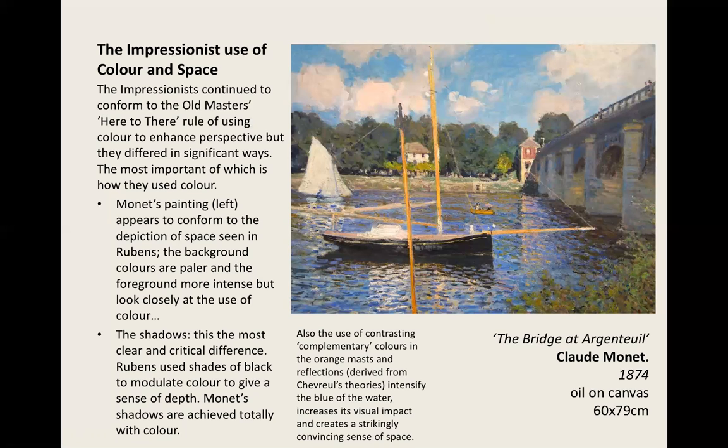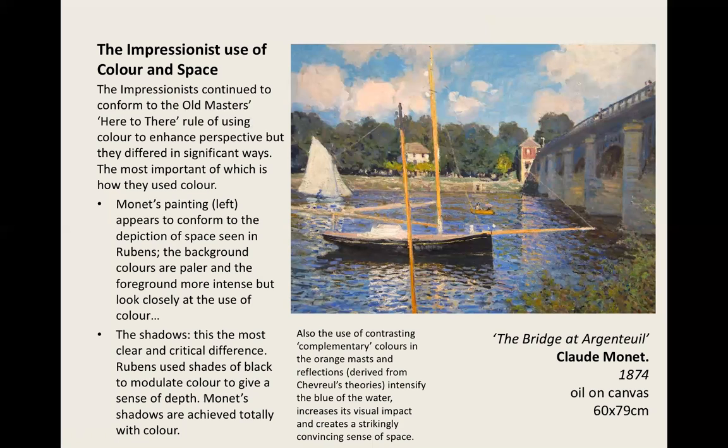The other thing to think about, and again this is where we link to Chevreul's theories, is to look at the mast and the water. Orange and blue are complementary colours. It was also noted by the theory that there is something very particular about orange and blue: more so than other complementary contrasts, they intensify one another.